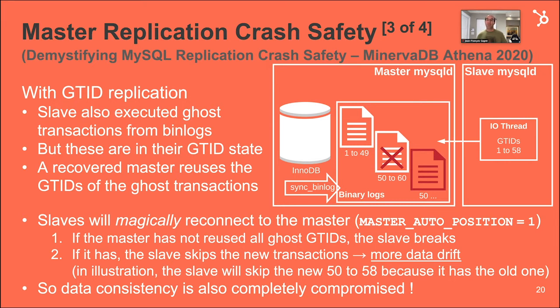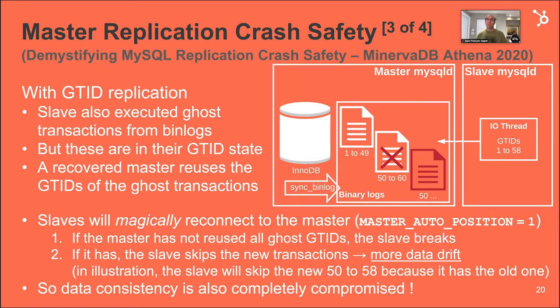Now we have the old 50 to 60 and the new 50 to 60. The master will reuse GTIDs after a crash. Well, it's not exactly a reuse: the binary logs are gone, so the master doesn't know that those GTIDs were allocated, so it will reuse them.